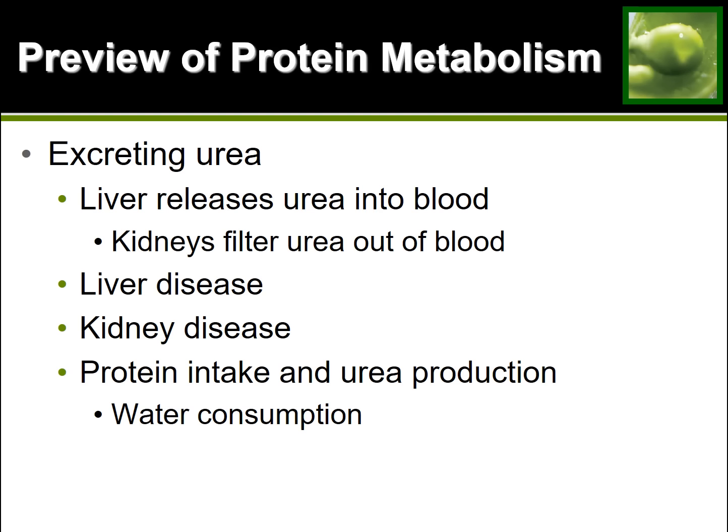There's something wrong with the liver. Now, if we found a buildup of urea in the blood, that would tell us that there's something wrong with the kidney, because the kidney is supposed to filter it into the urine and get rid of it. But if it's instead staying in the bloodstream and building up, then the kidney is not doing its job.